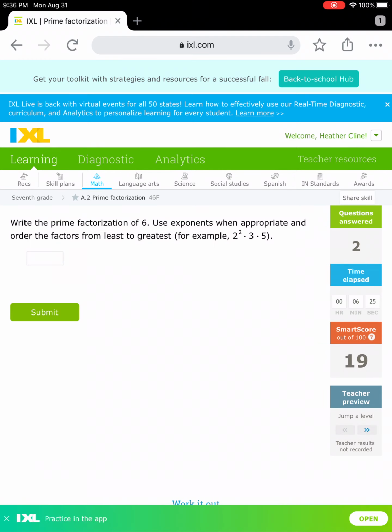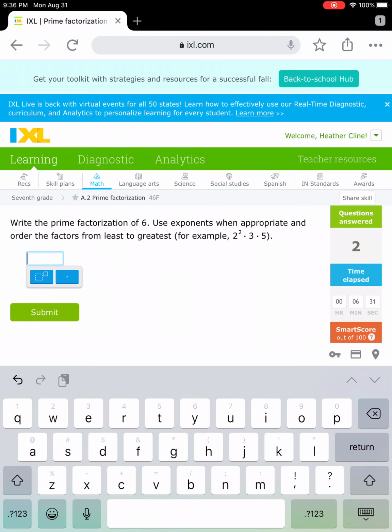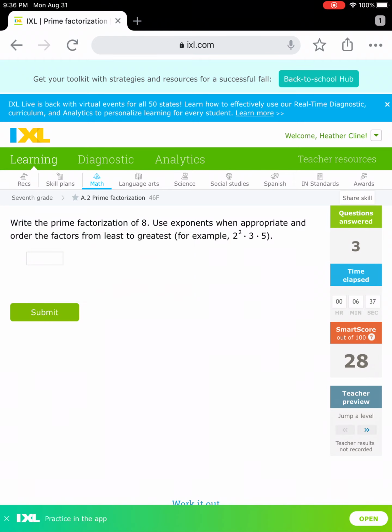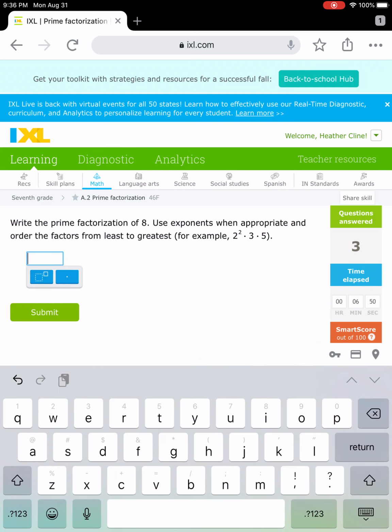The prime factorization for 6. We've got 2 times 3, and both of them are prime. So in this case, I would write 2 times 3. Prime factorization of 8. I've got 2 times 4, 2 is prime, and then I've got 2 times 2 make up 4. So I've got 2 to the 3rd power.